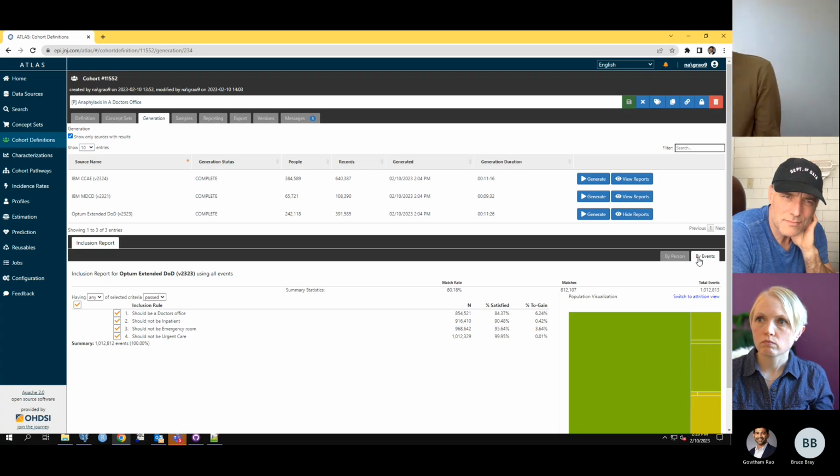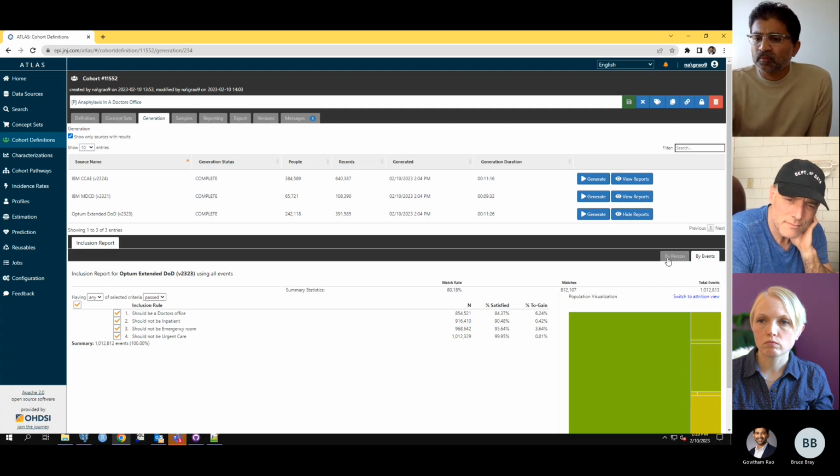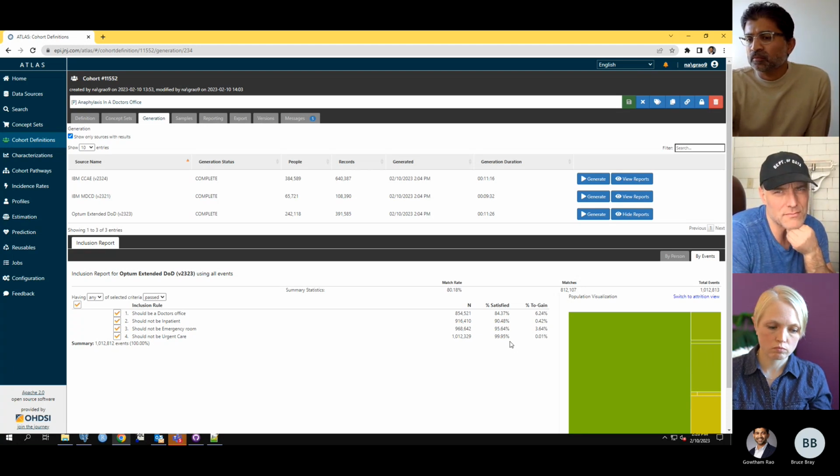Got it. You could test this by having the earliest event, first time in one's history, and then see among those, how many do you see in an outpatient setting? So that you're not requiring a look back period in any of these definitions.